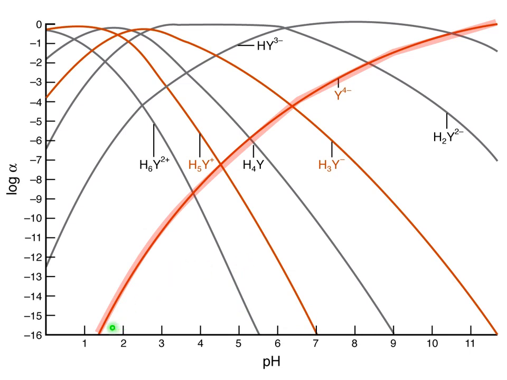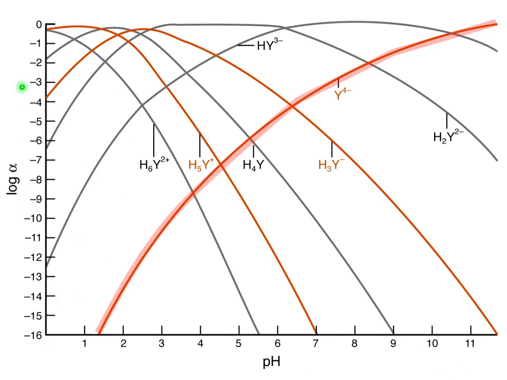These calculations would be very difficult to make, but because of the importance of this compound, people made lots of tools to simplify the calculations. For example, this is a chart you can find practically in any reference book showing the concentration of each form: 4 minus, HY 3 minus, H2Y 2 minus, H3Y minus, H4Y molecule, and then two cations, as a function of pH.